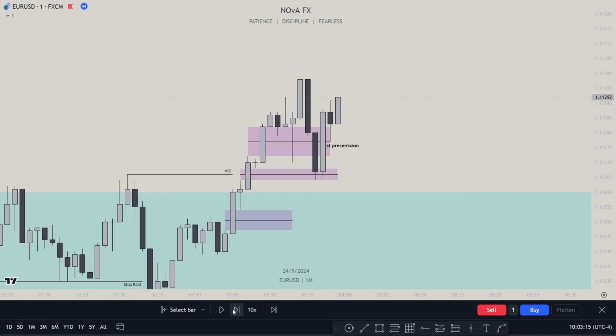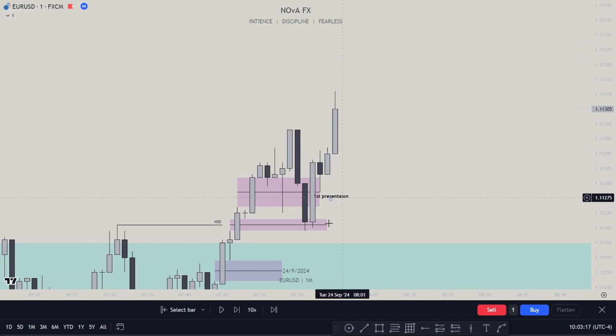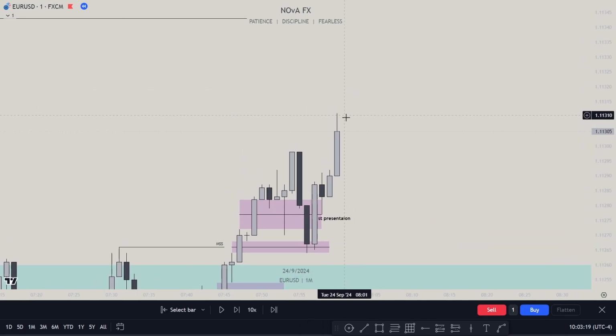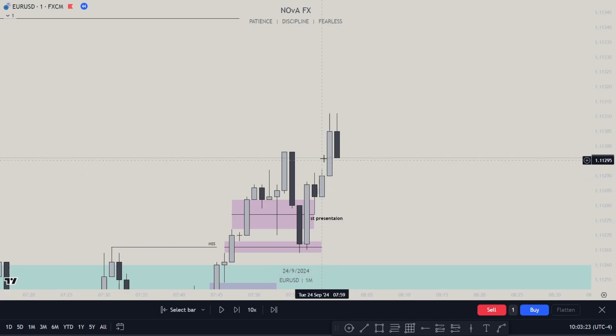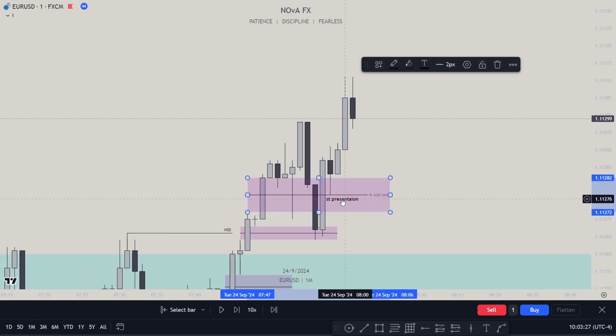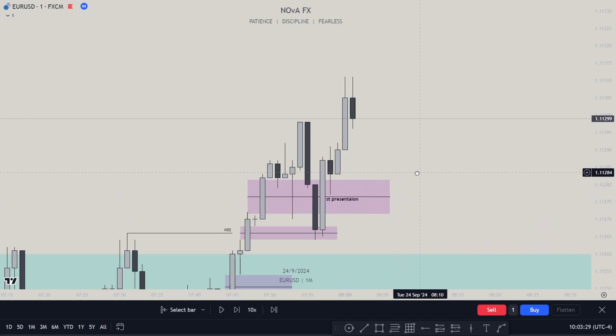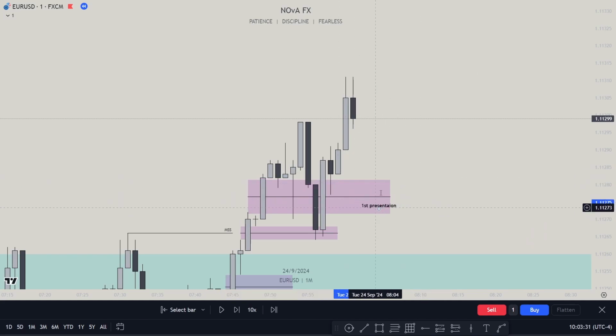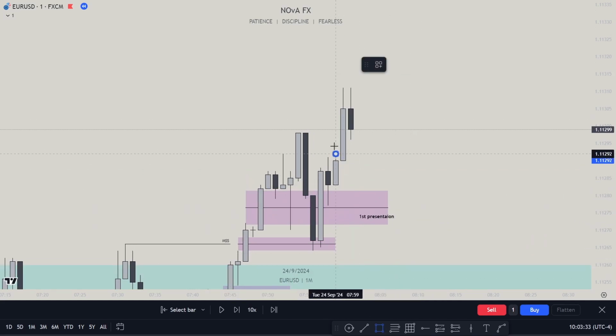Now we can see that it's going up. I'm expecting there's going to be an FVG here. Okay, so that's our next FVG. So this was our first presentation, and the next is right here.